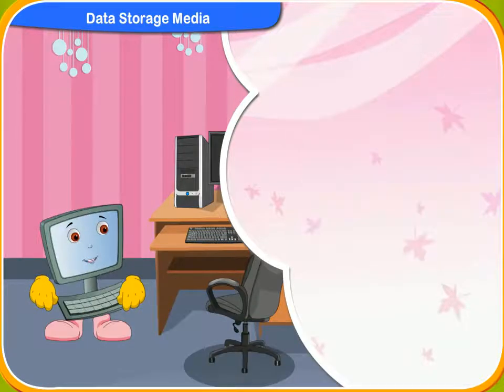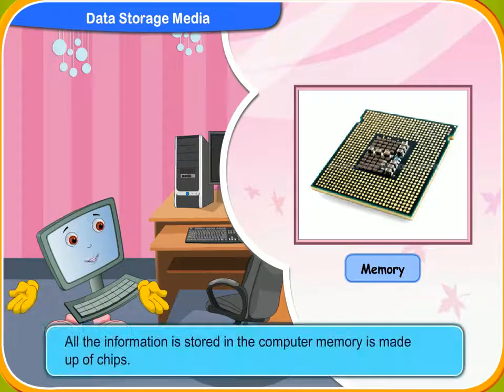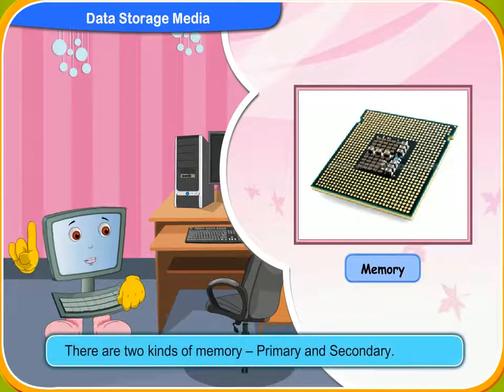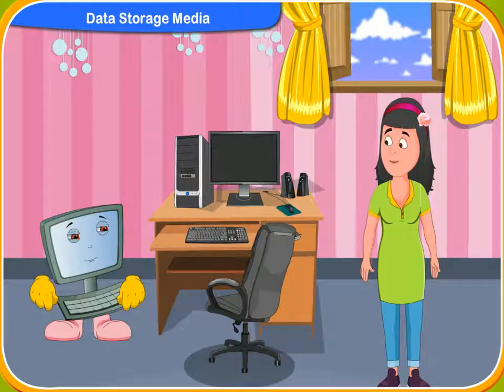Let us now look at the memory of a computer. As you already know, the computer stores all the work done on it. All the information stored in the computer memory is made up of chips. There are 2 kinds of memory, primary and secondary. Yes, I know.